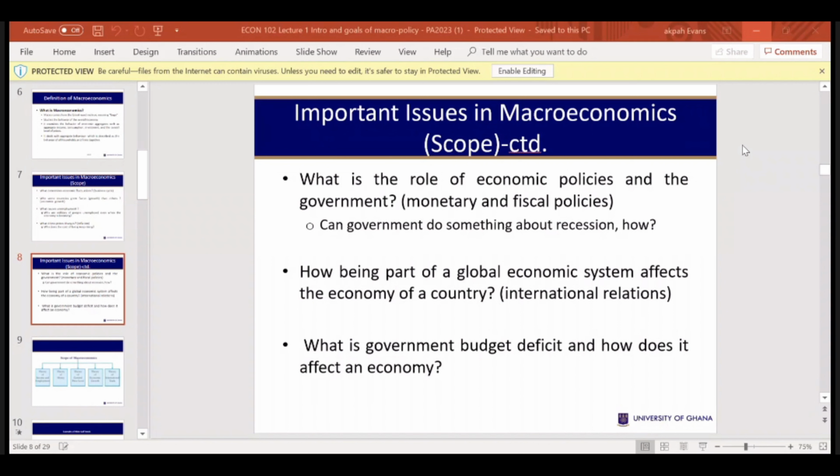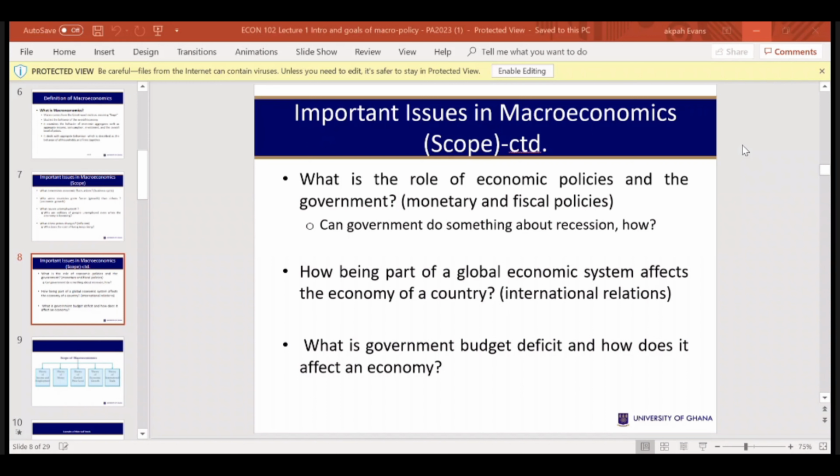And what is government budget deficit? How does it affect the economy? We have budget surplus and budget deficit. But for me, since I entered tertiary and started following the budget of Ghana, there has not been any point in time where the government of Ghana has had a budget surplus. We are always running a budget deficit.